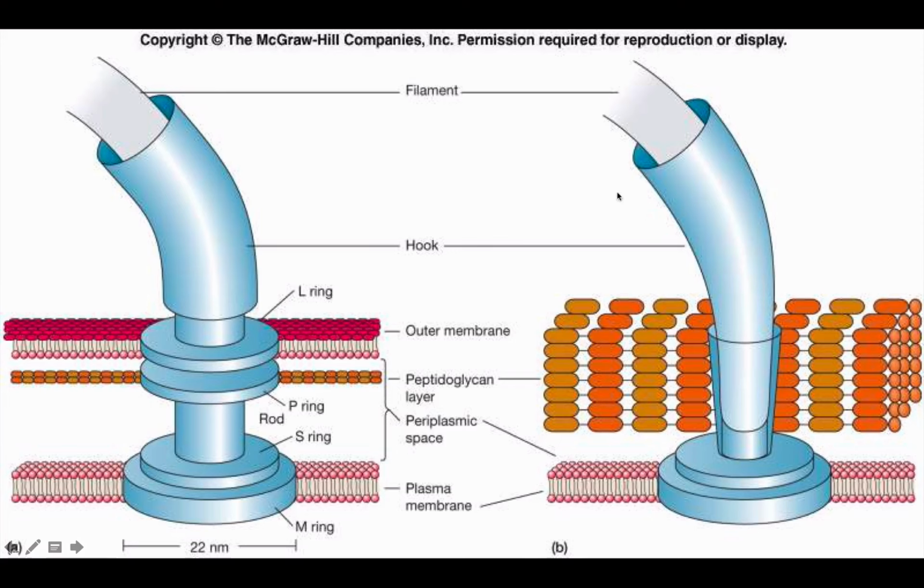And then in the gram-positive, you can see it going into the very thick peptidoglycan layer, so it doesn't need that much support. It only needs 2 rings. And notice that both of them have a hook-like shape going into the cell wall.